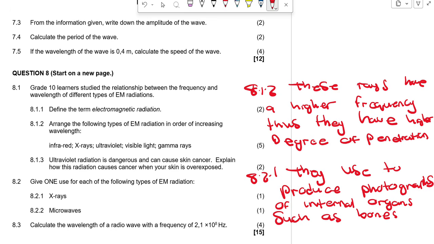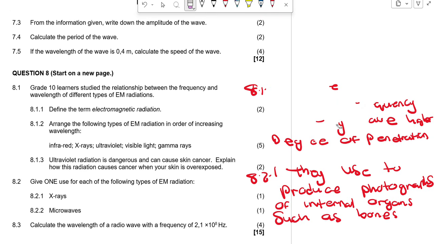You know, in your organs, they take you for an X-ray so they can be able to see what happens to bones. Okay, that's it.